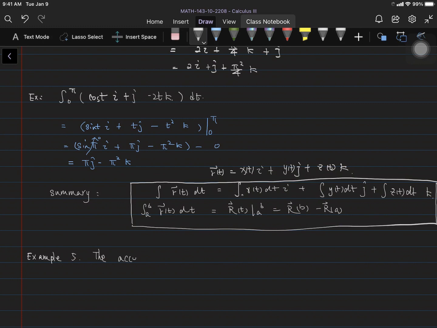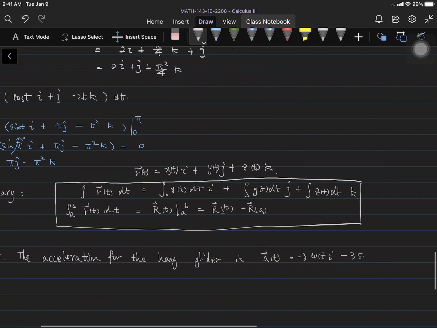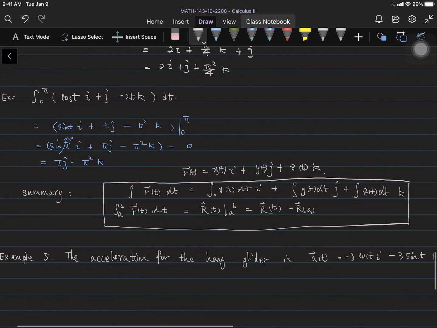The acceleration of the particle is given by a(t) equals negative 3 cosine t i minus 3 sine t j plus 2k. So we know this is in 3D, right? Because there are 3 components.